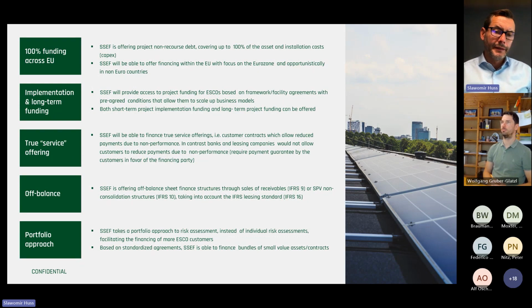And with the funding structure that I presented two slides back, we sign a framework agreement with a partner, so we define the parameters of how the funding will work for each particular small project, but we finance them once they come. On one hand, it gives the ESCO or any technological partner comfort of the funding.